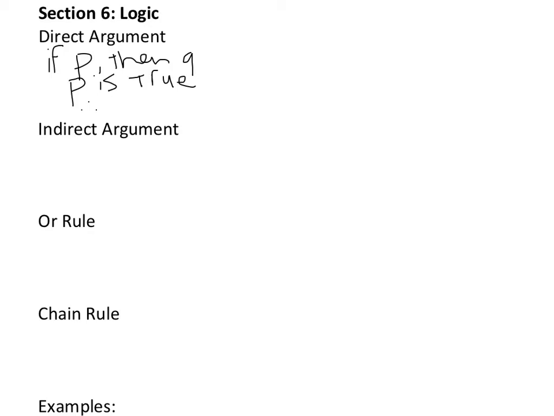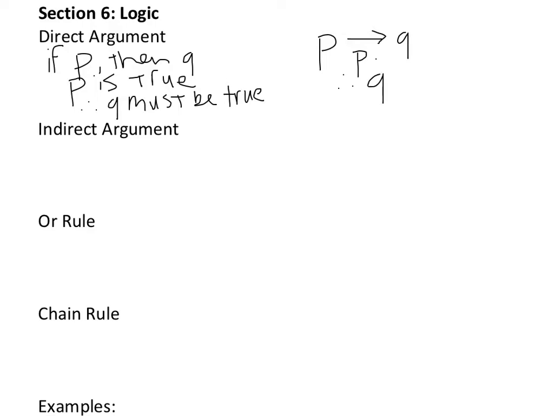Therefore, because of direct argument and because of the logic, we know Q must be true. Now, to use some notation we've used previously, we could say if P, then Q. P is true, therefore Q.